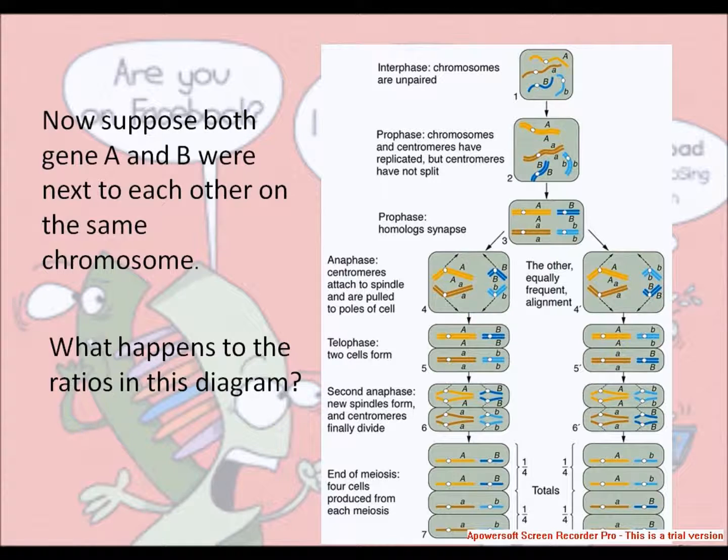Now, suppose both genes A and B are next to each other on the same chromosome. This is the interphase, chromosomes are unpaired, and in prophase chromosomes and centromeres have replicated, but centromeres have not split. What happens to the ratio in this diagram?